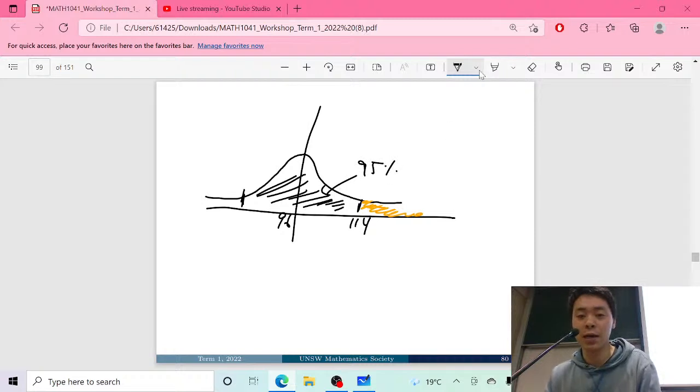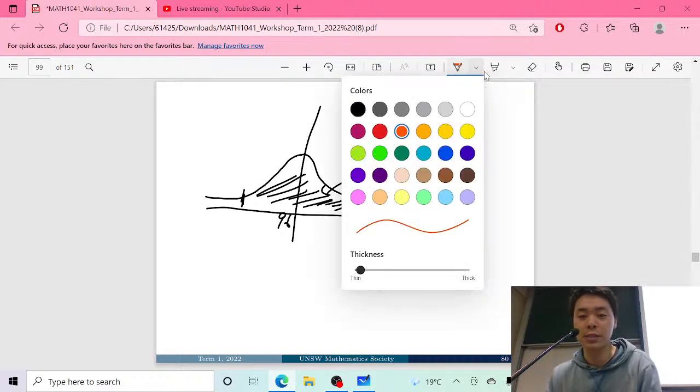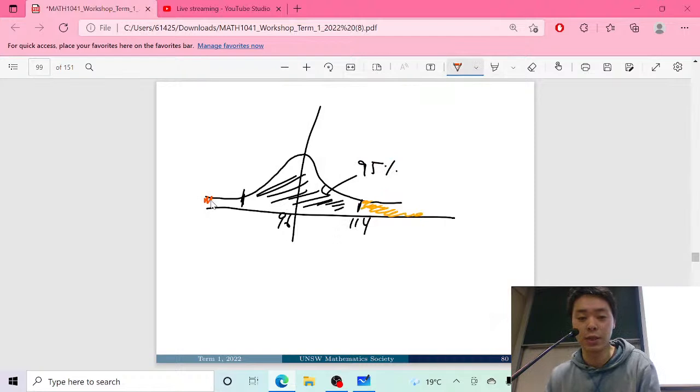But the issue is that we also need to account for this small region here, right? And this small region is precisely equal to the one that we want to find, because we have a symmetry that happens on the tails. So instead of finding this proportion here, we can just find both of these proportions and divide by 2, because both of them are going to be identical.